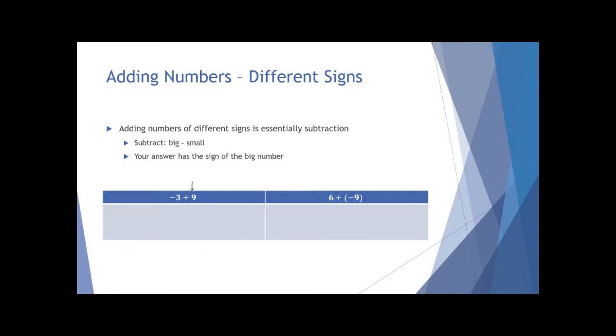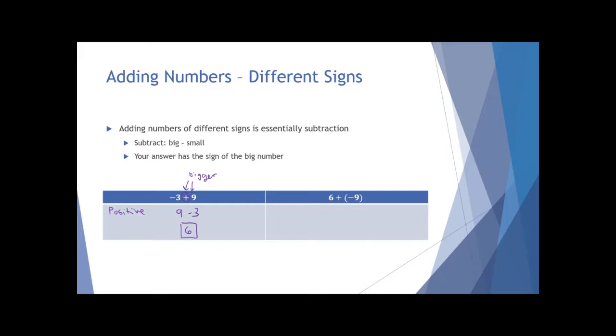So 9 is the bigger number, and it has this positive sign in front. So that means our answer will be positive. What we are doing is basically 9 minus 3, and 9 minus 3 is 6. So we got a positive 6 when we have negative 3 plus 9.